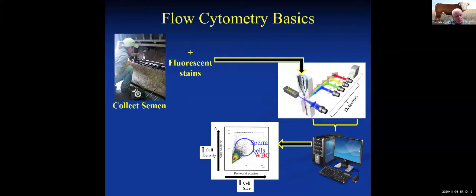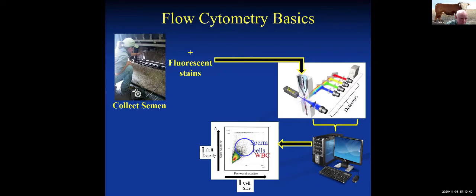We run it through a flow cytometer, which essentially has the sperm pass by a laser single file. That laser is detected then by a forward scatter and a side scatter detector, which are the blue ones on this screen, and then different colored detectors for the different fluorescent stains or dyes.